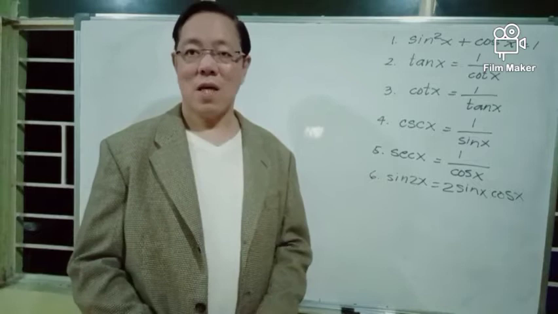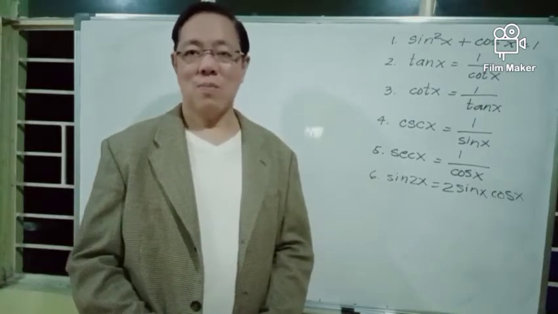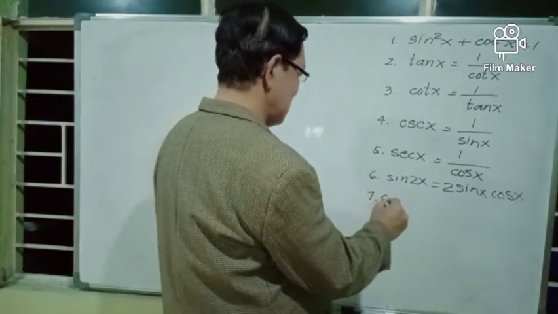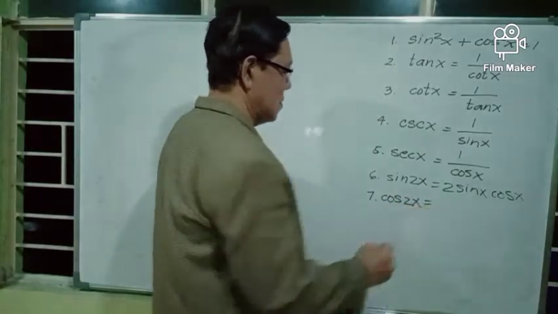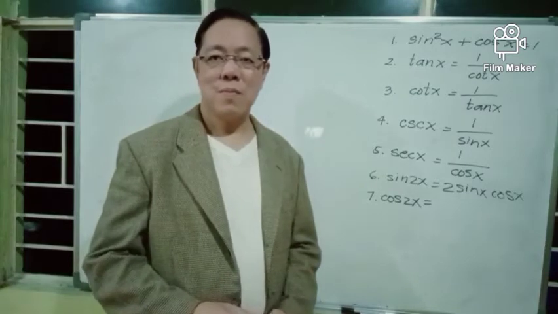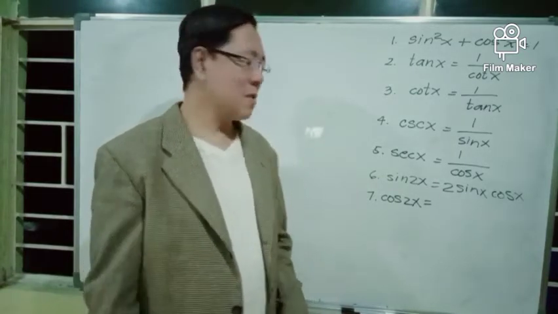Now the cosine of twice an angle, with x as the angle, is denoted by cosine 2x. Cosine 2x is equivalent to 3 expressions involving trigonometric functions.